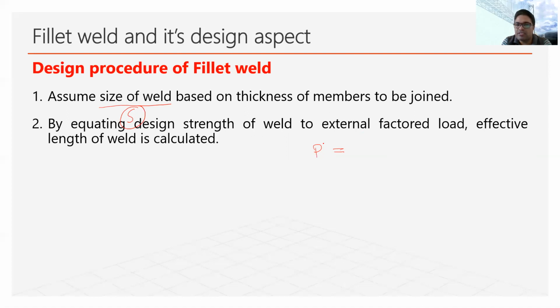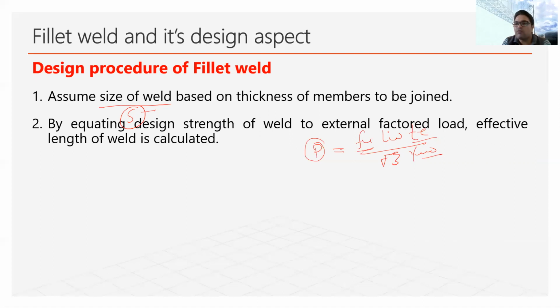So we will equate this P with the shear strength, which is Fu into Lw into Te on root 3 and gamma Mw. Generally we are given the Fu value, the throat thickness can be calculated if we have the S value, and we can easily get gamma Mw.